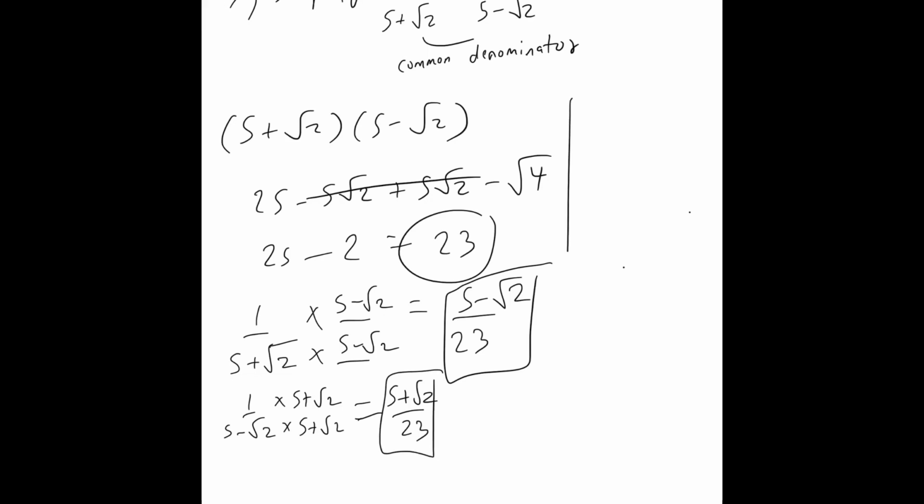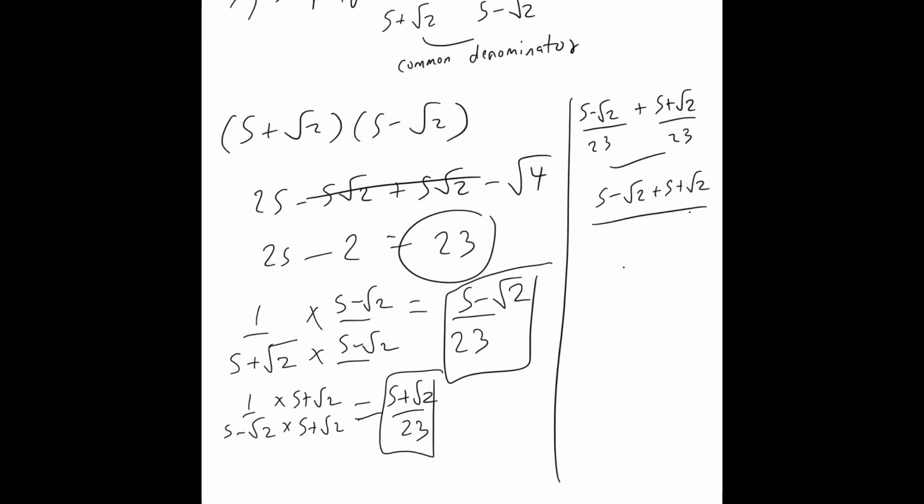Since now you have both of these common denominators, you have 5 minus square root 2 divided by 23 plus 5 plus square root 2 divided by 23. All you need to do is group these like terms together, which gives you 5 minus square root 2 plus 5 plus square root 2, and that's all divided by 23.